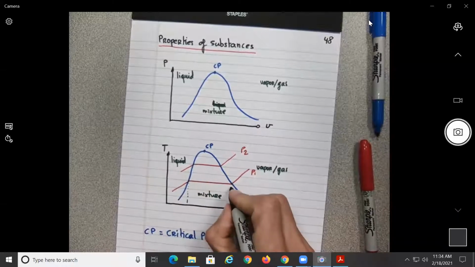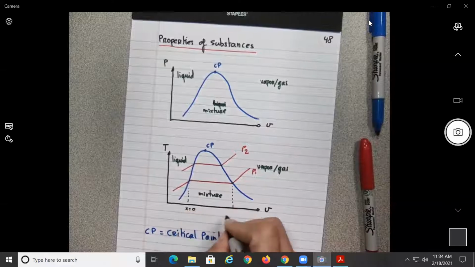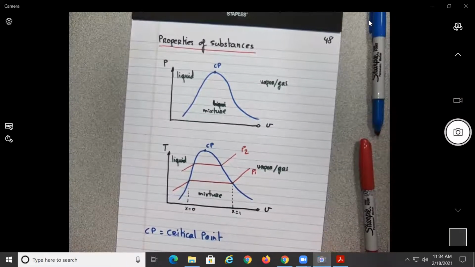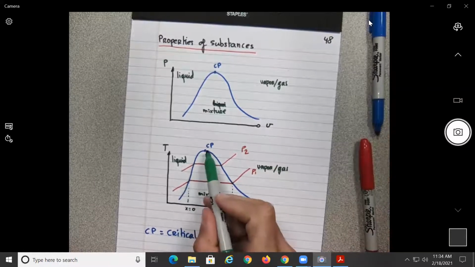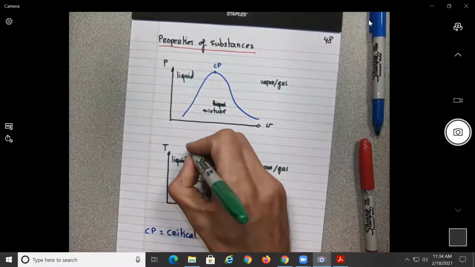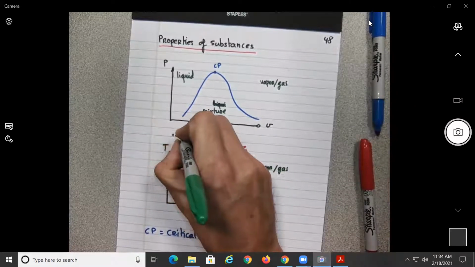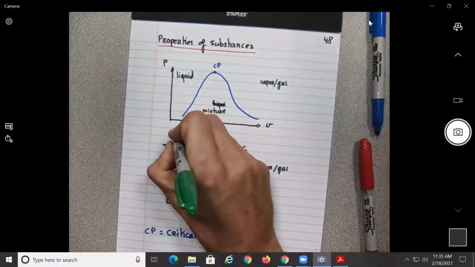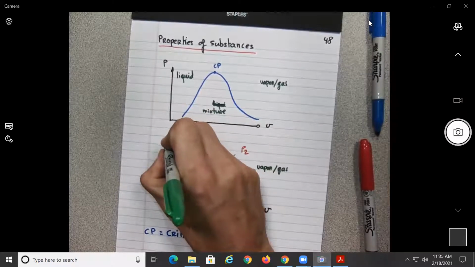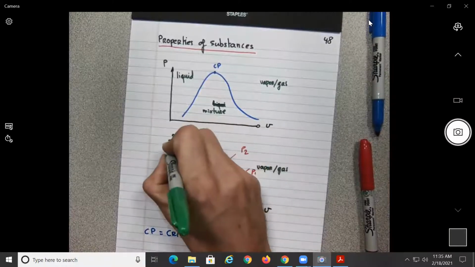So, let's put it over here, in this point over here, let's say here X will be 0, here X will be 1. And what's important now is that you recognize that this line over here, this line to the left, on the left hand side will be the saturation liquid.